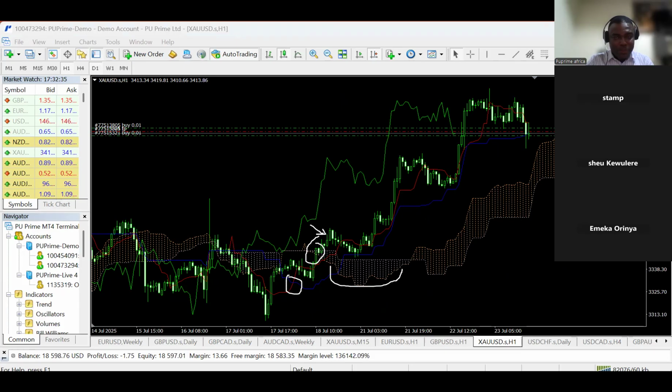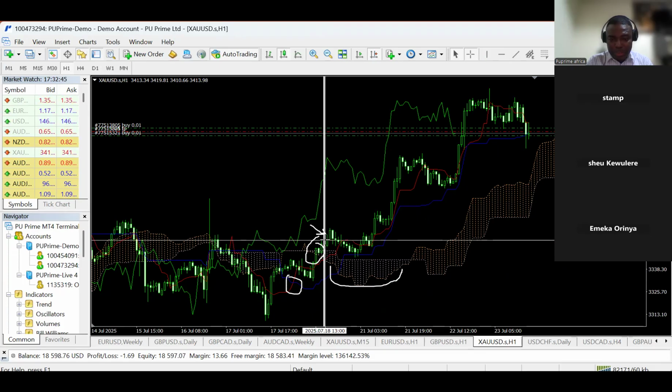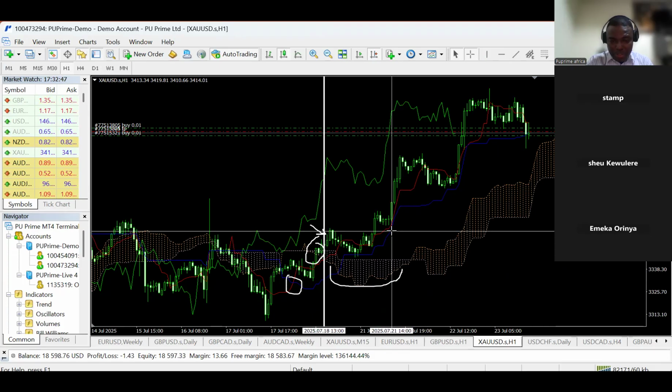Now, let's look at the entry area. This is where the clear-cut breakout happened. And this was starting on the 18th. 18th should be maybe last week, Friday, thereabouts.